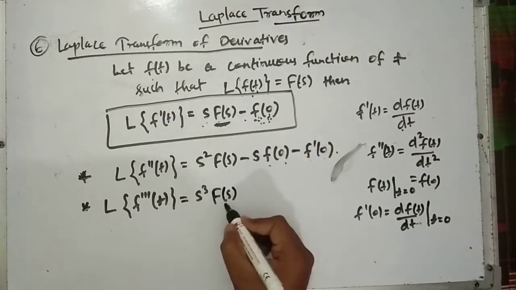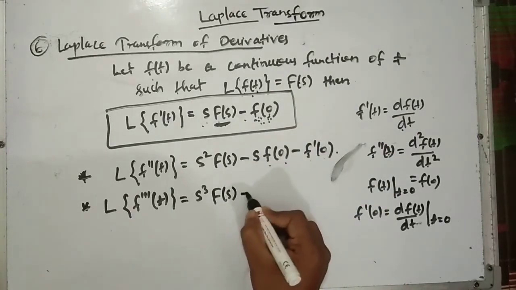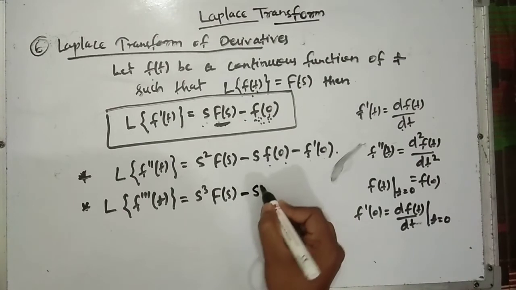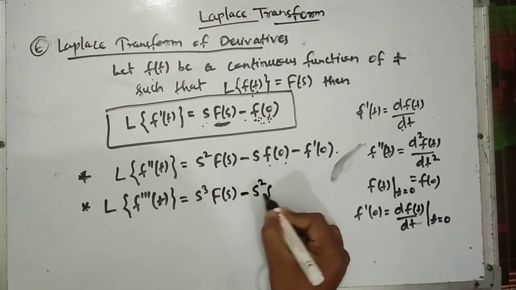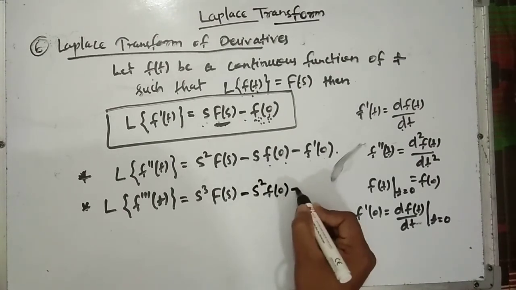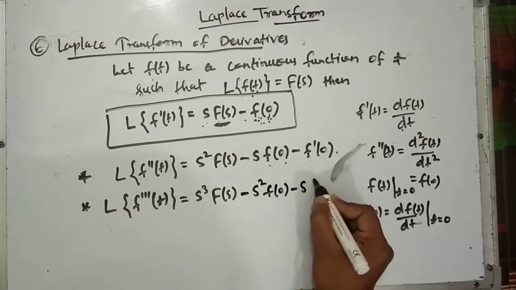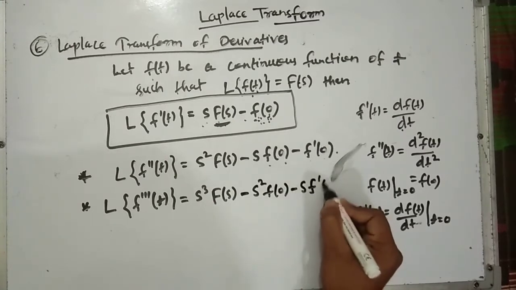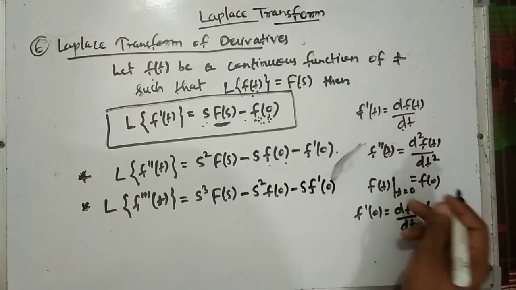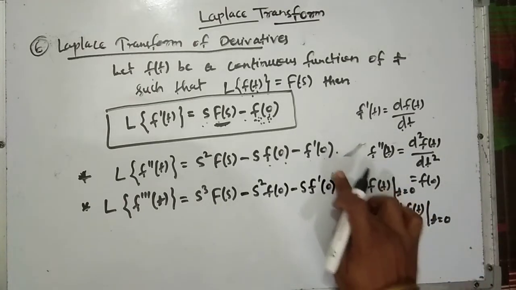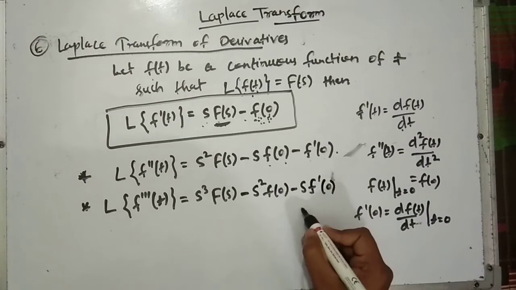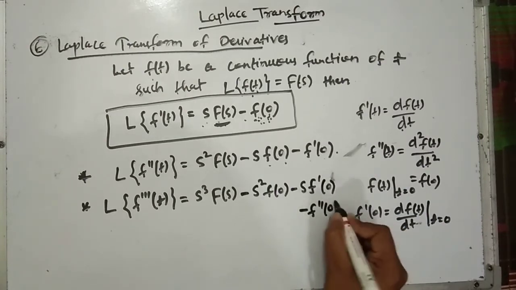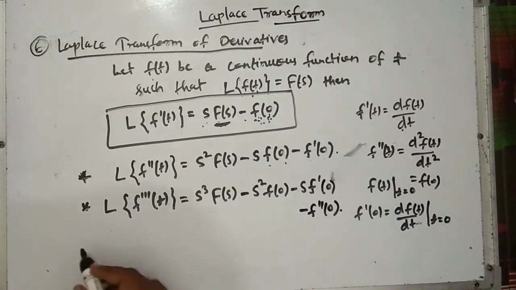So s cube F(s) minus s square f(0) minus s f dash 0, after that minus f double dash 0. This is the Laplace transform of the triple derivative of f(t).